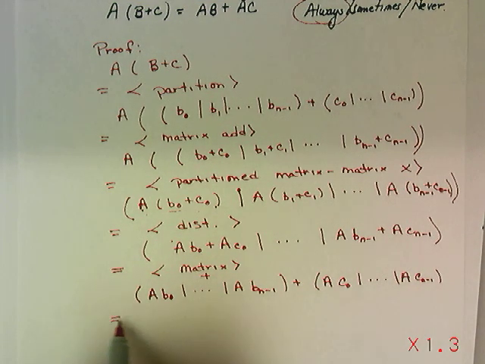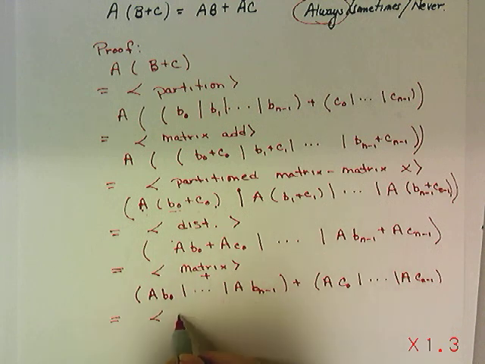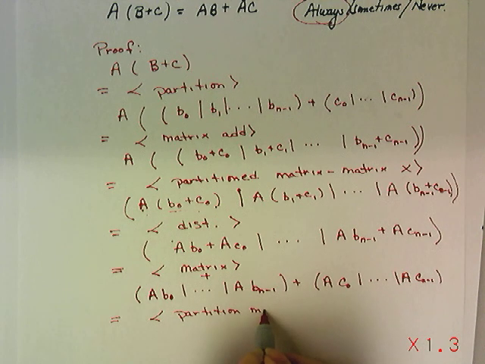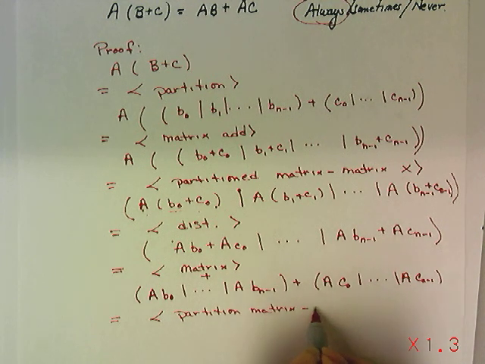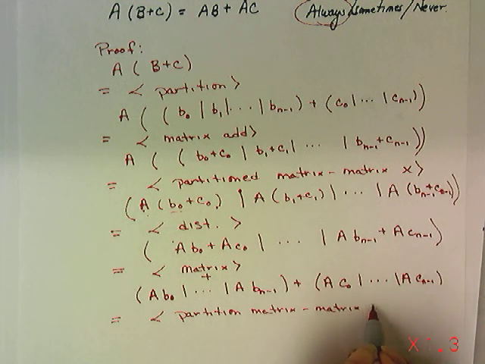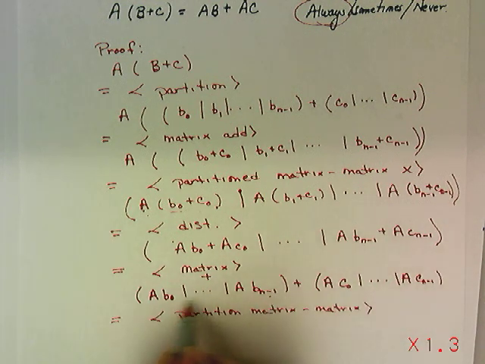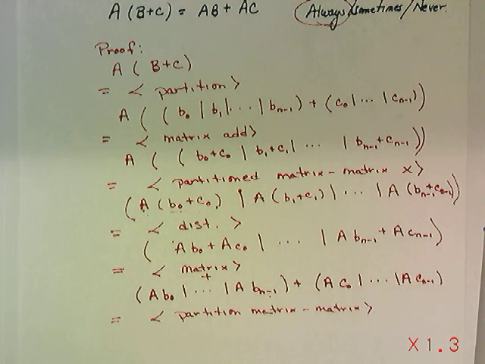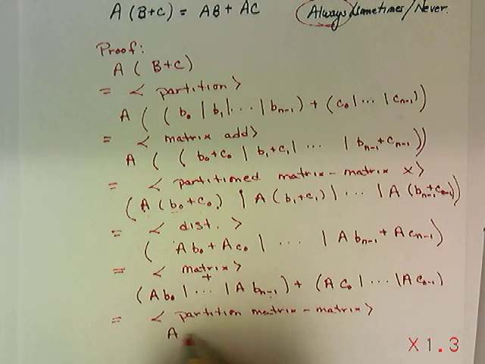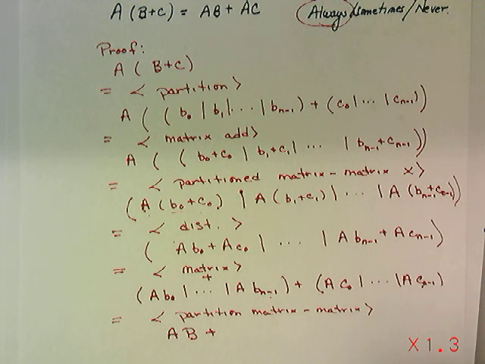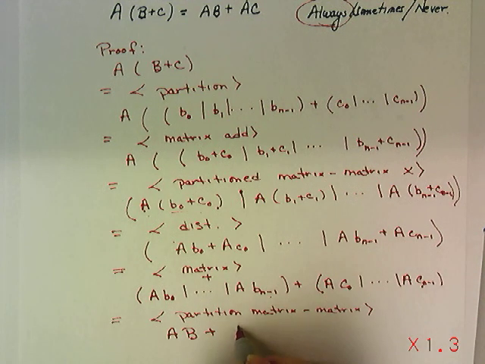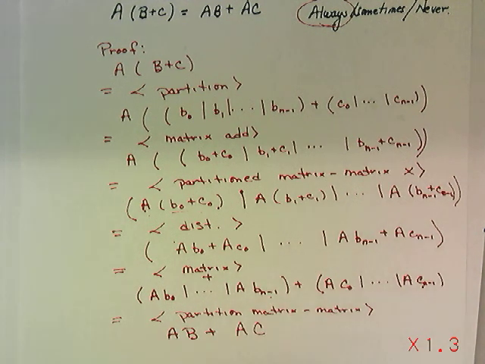But now by partitioned matrix matrix multiplication I can actually write it as A times the partitioned matrix, but I can skip a step and just write it as A times B plus, again, A times the partitioned matrix with columns C sub 0 out to C sub n minus 1, but I can skip a step and write it as A times C.